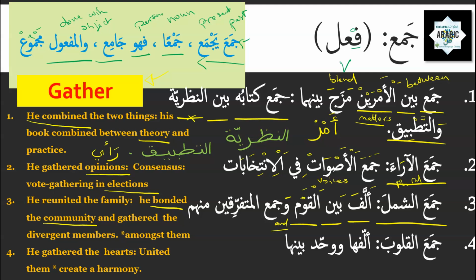It's separate from the verb because the verb is جمع. المتفرقين. We have a lot of plurals in these examples today, so please note the plural nouns and also the plural verb conjugation. I will point to it when it comes in an example.